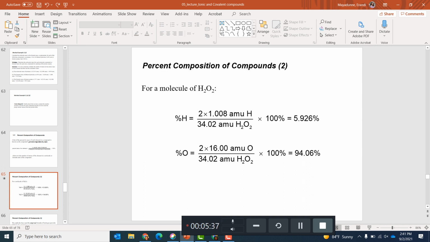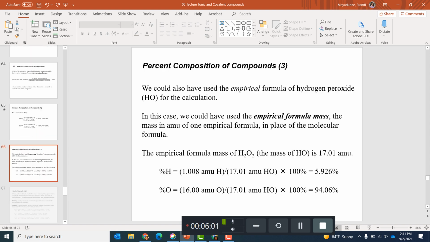So you get the mass of hydrogen on the top, the numerator, divide by the total mass, times 100, 5.996. So that's how you do it. Similarly, for the percent composition of oxygen, get the mass of oxygen times 2, divide by the hydrogen peroxide mass. So that's how you get the percent composition of compounds.